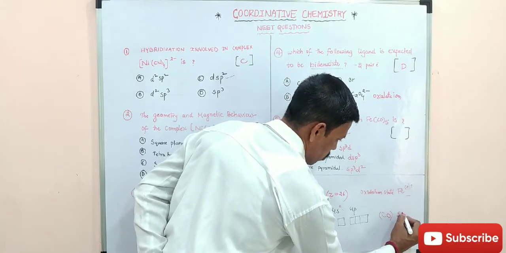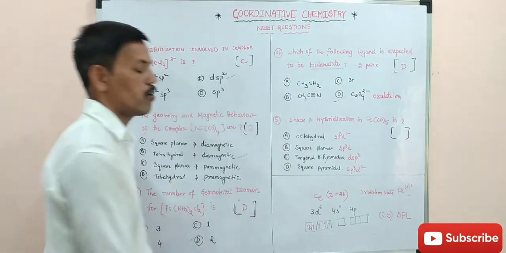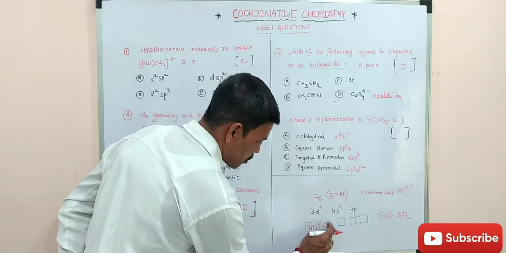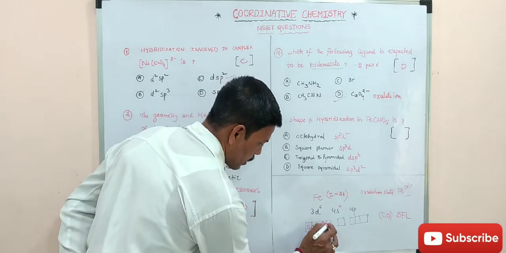If we discuss the hybridization, in the presence of carbonyl, carbonyl is a strong field ligand. What is this? Strong field ligand. Due to the strong field ligand, pairing takes place.